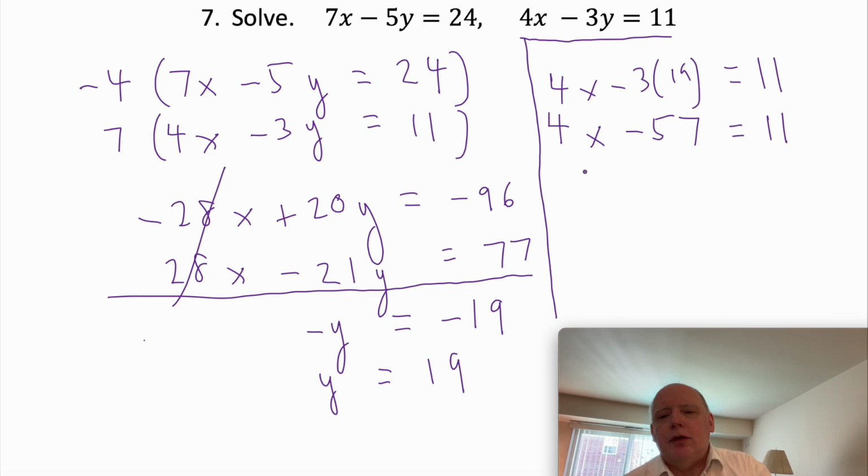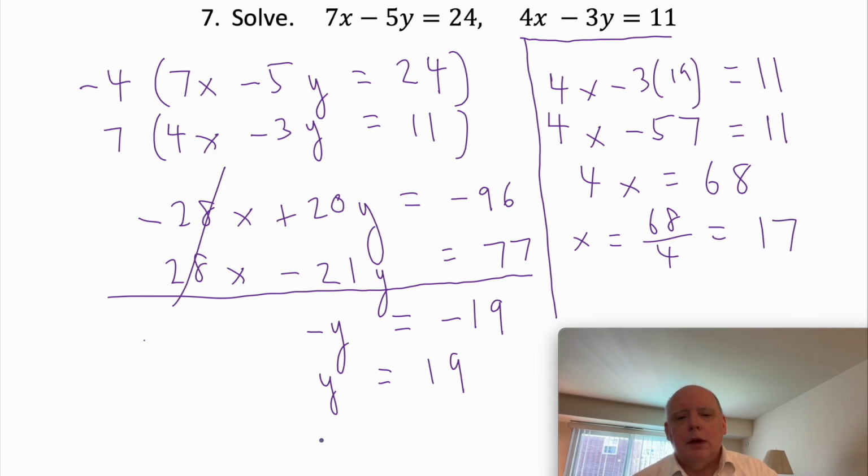And let's add 57 to both sides. We get 4x is equal to 57 plus 11, 68. X is 68 divided by 4, which is 17. So y is 19 and x is 17.